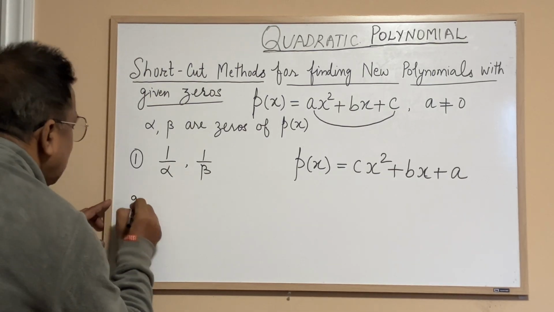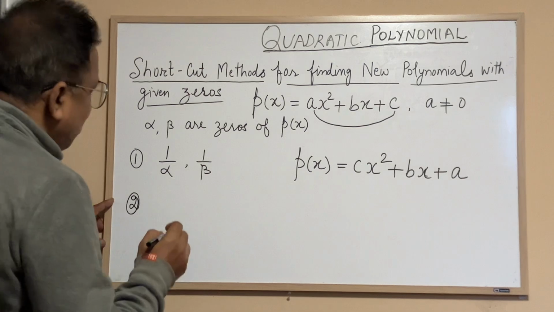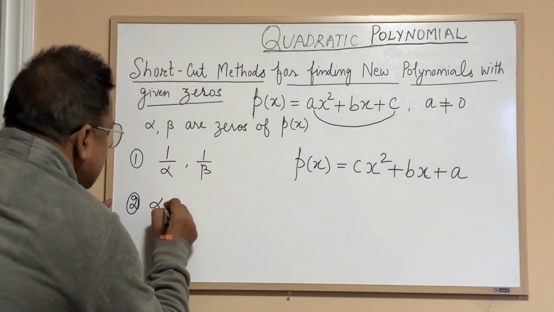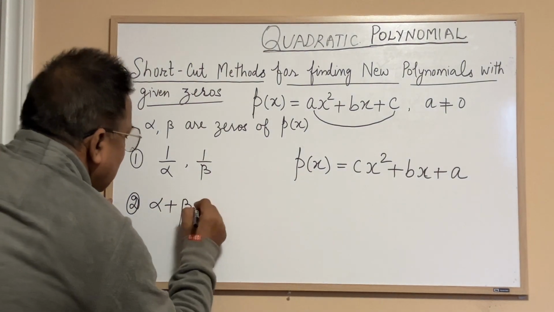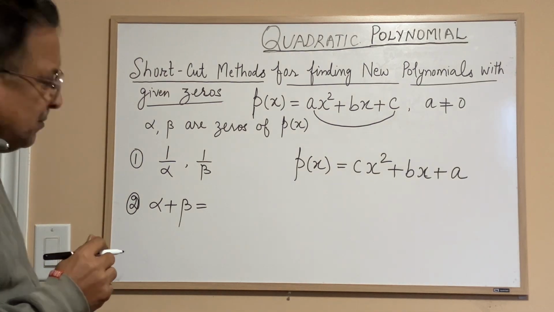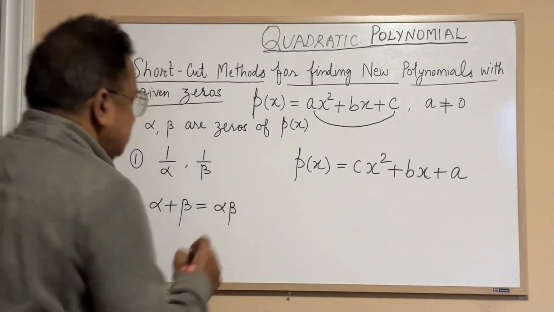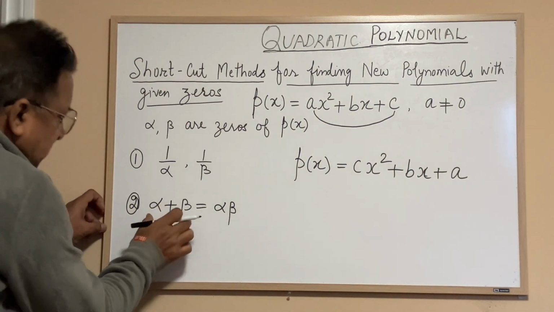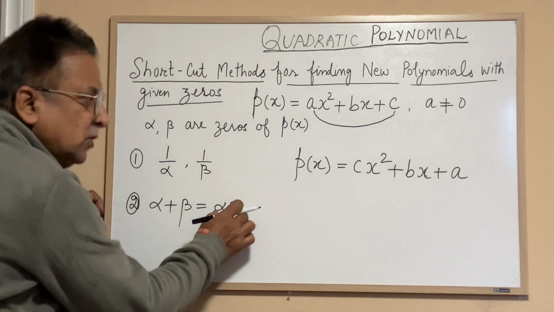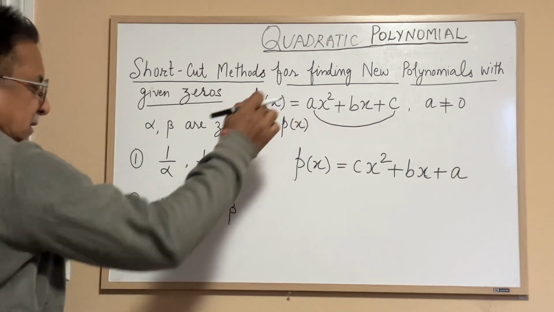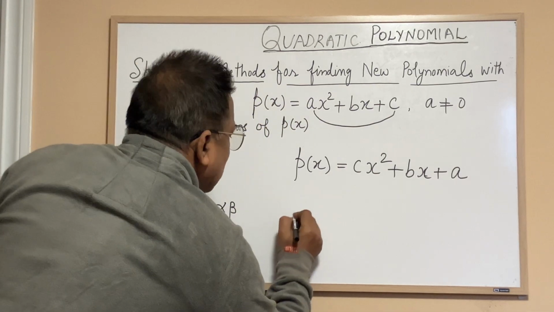Second is, if we are given sum of zeros equal to product of zeros of the original polynomial, then what will be the new polynomial?